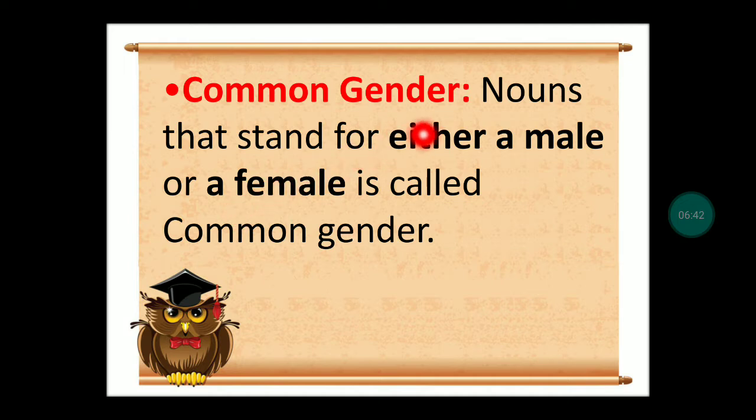Understood? So, combination of male and female together is called common gender.